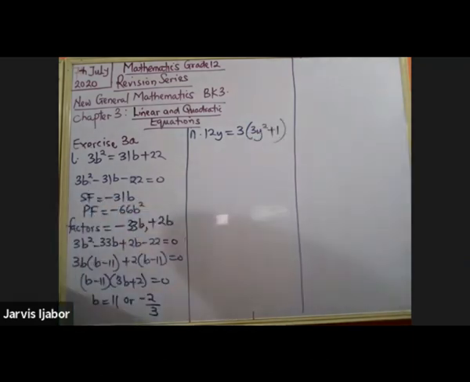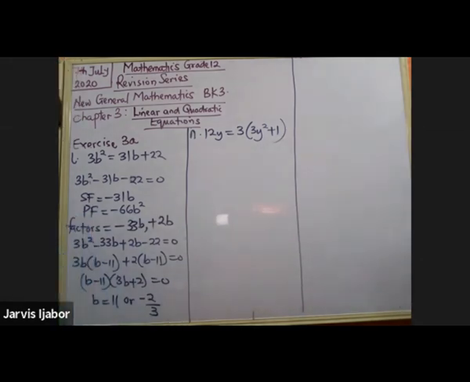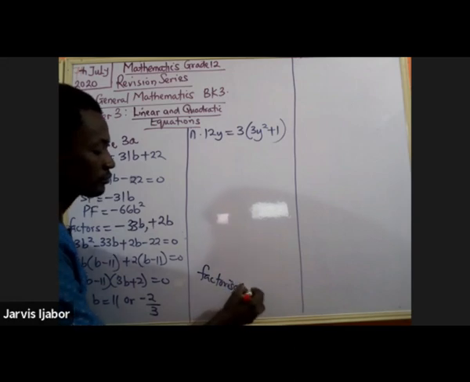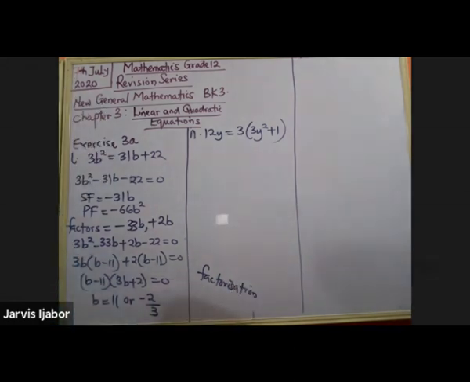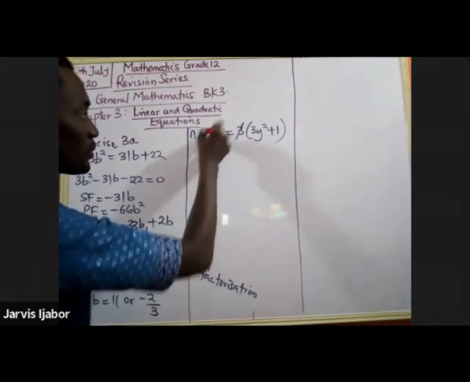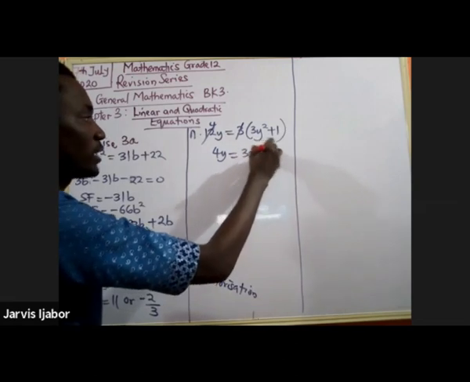Now, I picked this question because of one unique feature I'm seeing in the question. Some students, when you want to solve this, will begin to expand this. No. You were taught a topic much earlier, which was called factorization. Finding factors, getting factors. If you look at this question very well, 3 can cancel. So you have 4y equal to 3y squared plus 1.